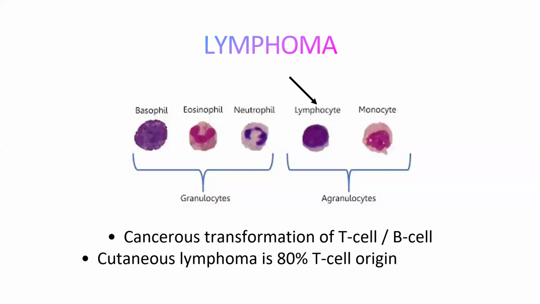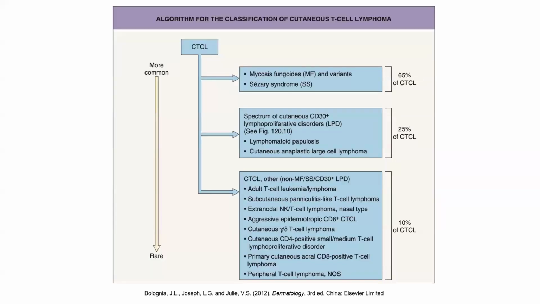Cutaneous T-cell lymphoma is a broad group of over 100 lymphoproliferative disorders that includes mycosis fungoides and Sezary syndrome, CD30 positive lymphoproliferative disorders, and many other rare variants of cutaneous T-cell lymphoma that make up about 5 to 10% of cases.